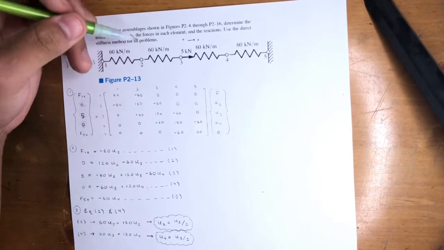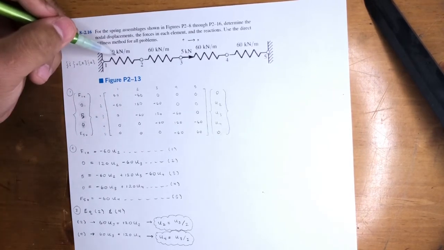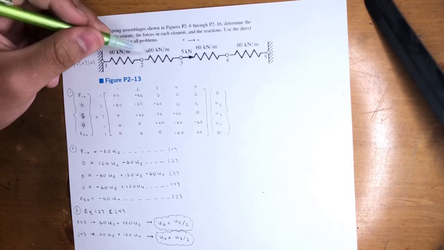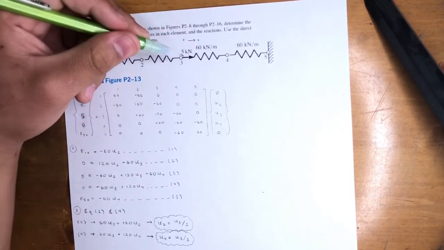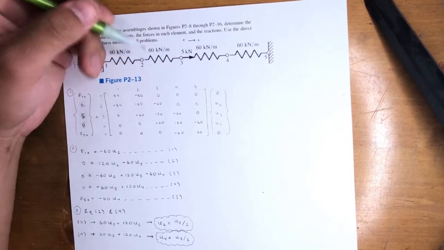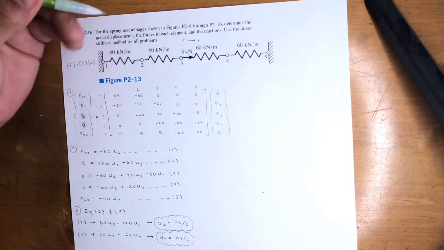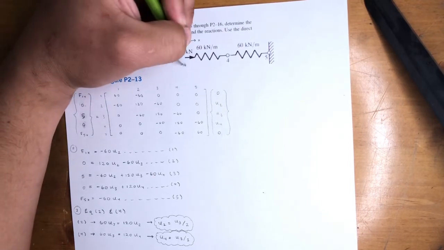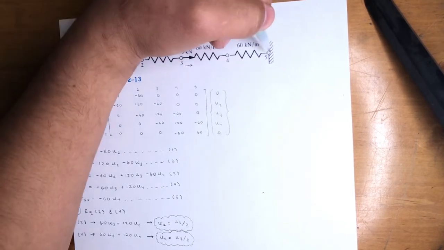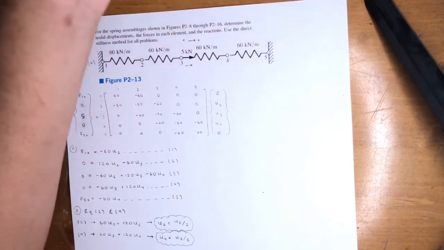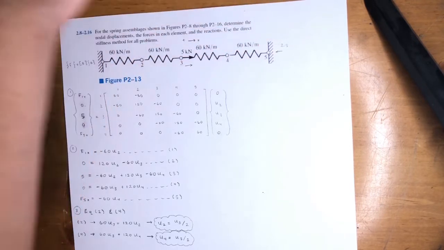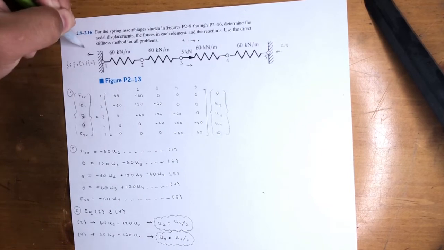This whole problem is pretty much equal. You got 2 equal springs on this side, 60 kilonewtons per meter on each side. So 60, 60, and then 60, 60. The force is acting right at the center. That means, just by looking at it, 5 kilonewtons to the right at node 3, just by looking at the equilibrium of this problem, I'm going to assume 2.5 is going this way, and 2.5 is going this way.